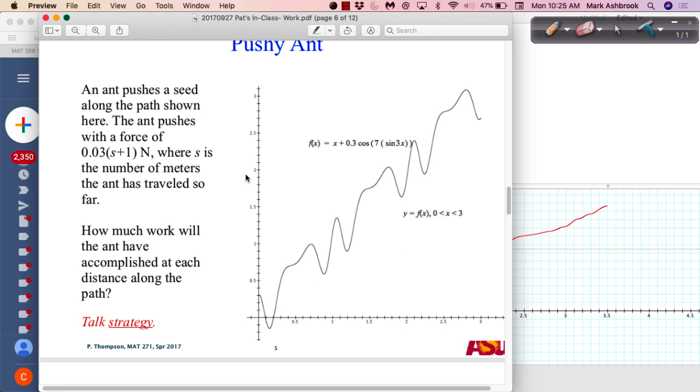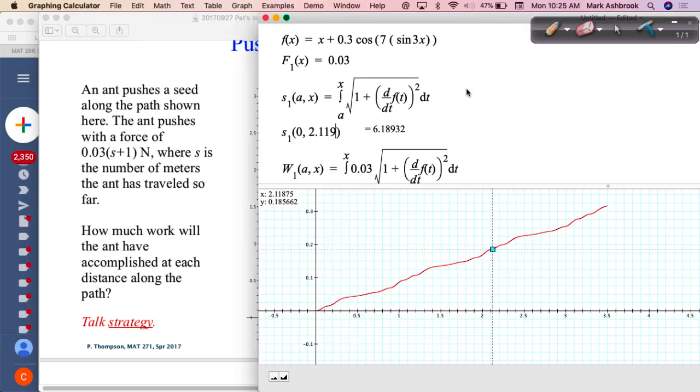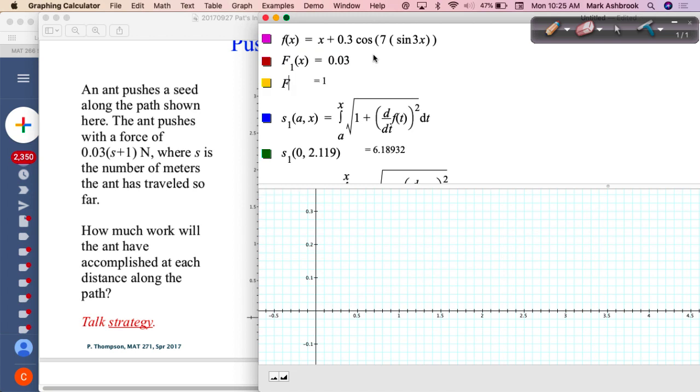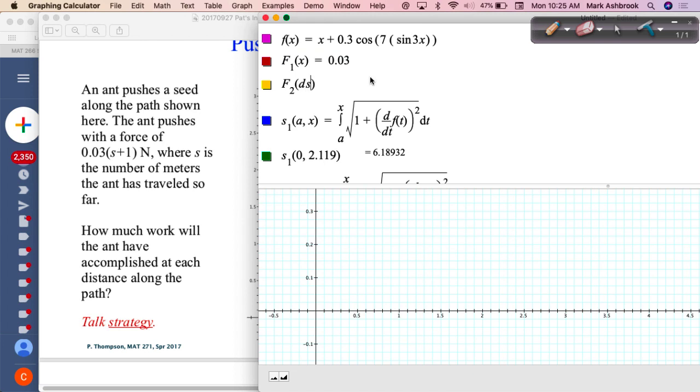How am I going to do this? Notice the force. What do I have? I have force as a function of s. So my F2 is a function of s, and it's equal to 0.03 times s plus 1.